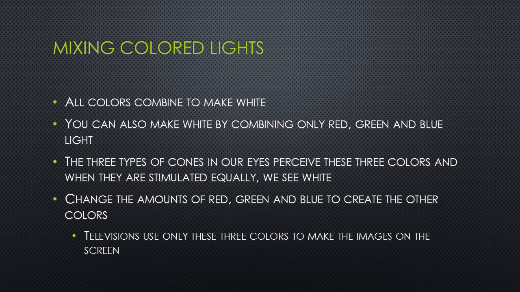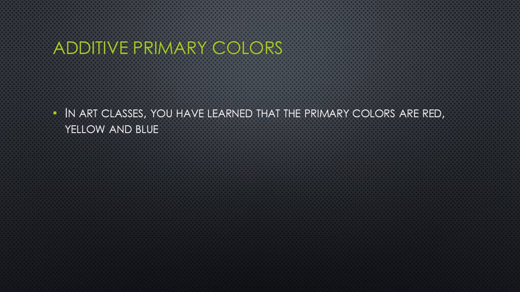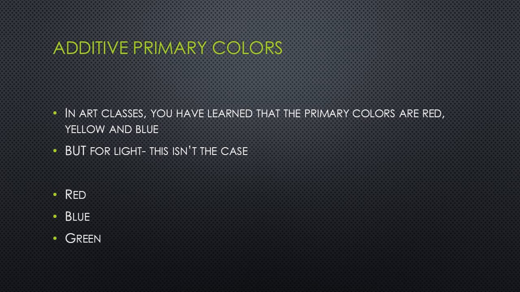For light, they are red, green, and blue, because blue and yellow light do not make green light. So the only colors you need are red, green, and blue. Anything that is emitting light to make a picture is going to use red, blue, and green. So the additive primary colors are red, blue, and green.